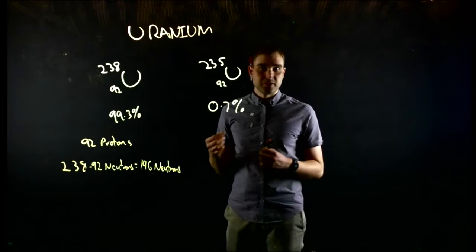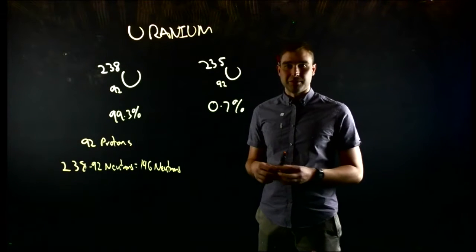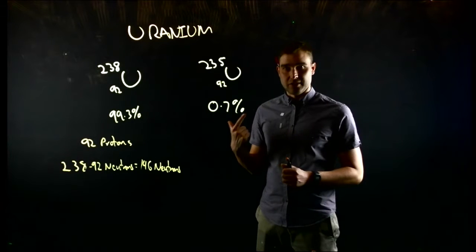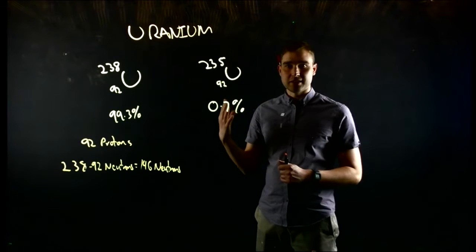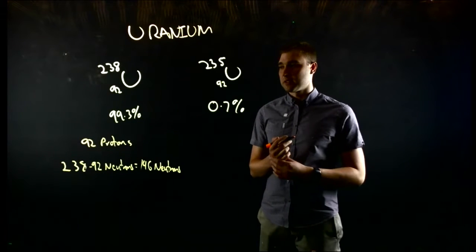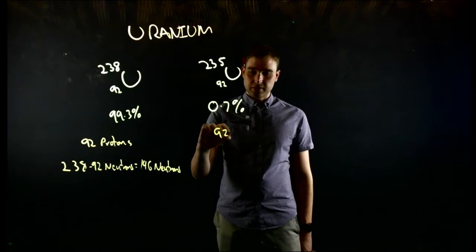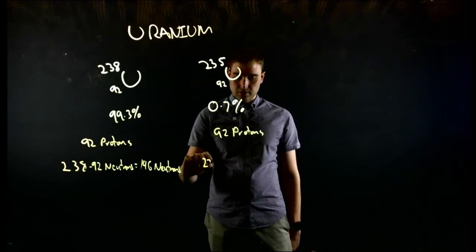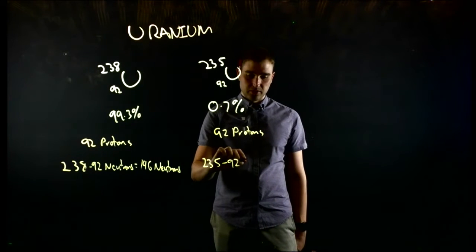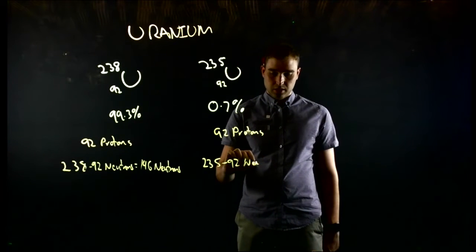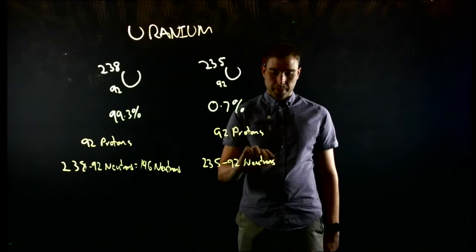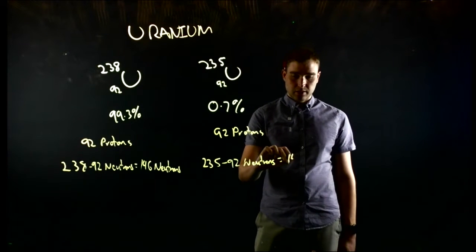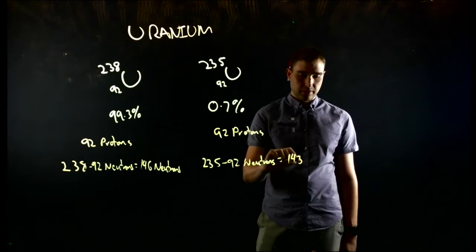But in terms of uses for nuclear projects, like in nuclear power stations or nuclear bombs, uranium-238 isn't as radioactive as uranium-235 is. So uranium-235, it still has 92 protons. But this time it's got 235 minus 92 neutrons, which is 143, I believe, 143 neutrons.